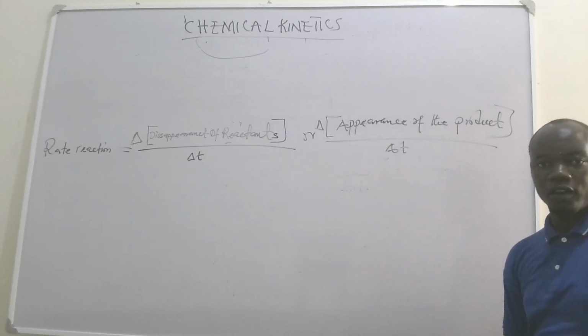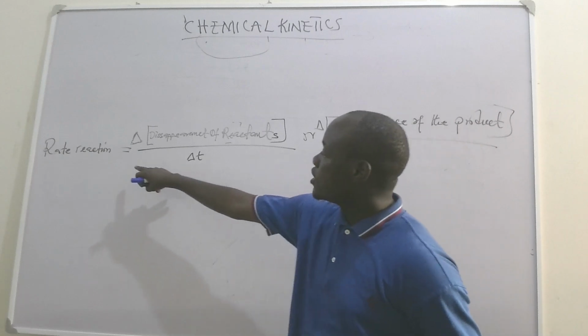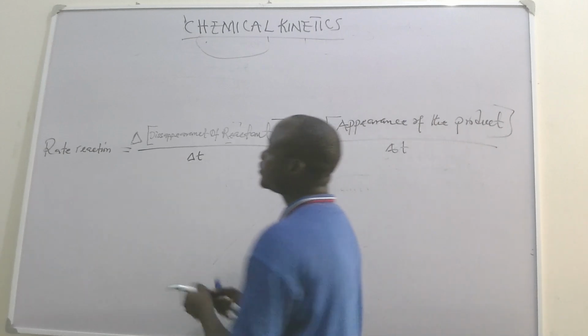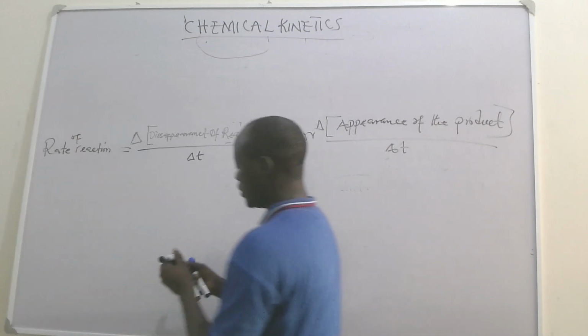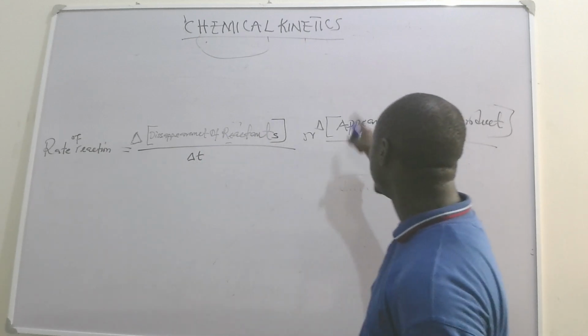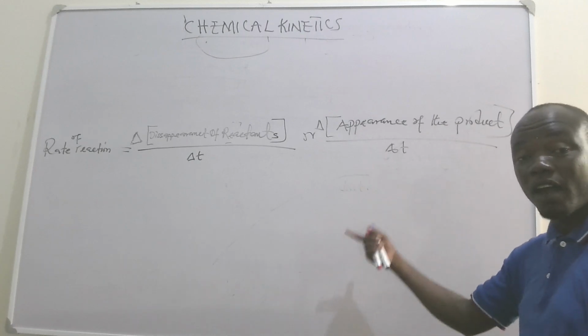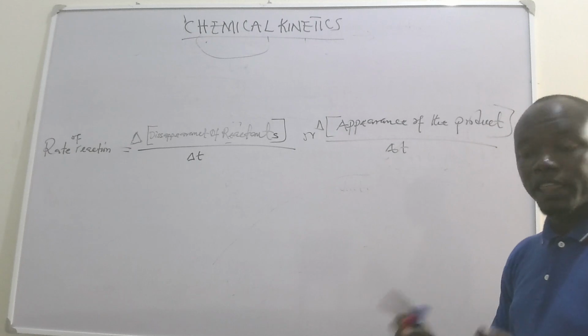So that is how we measure the rate of the reaction. To measure the rate of the reaction, you can measure it by the disappearance of reactant with time, or appearance of product with time.